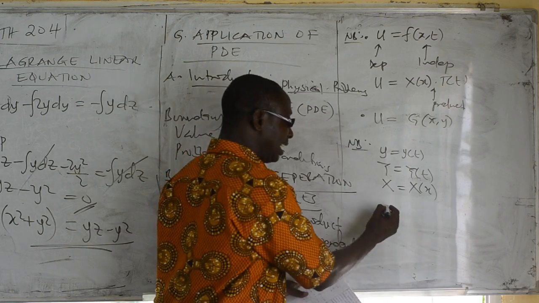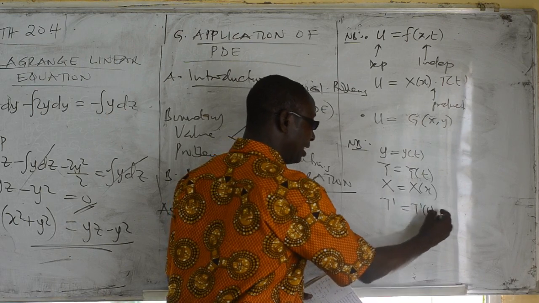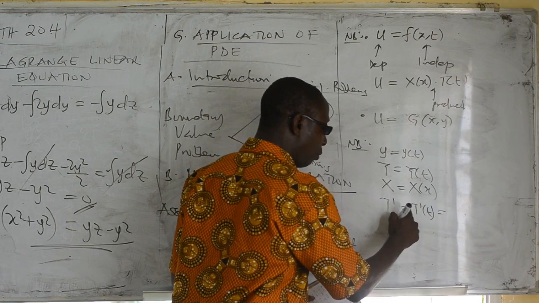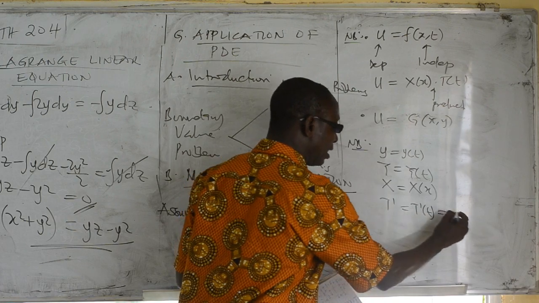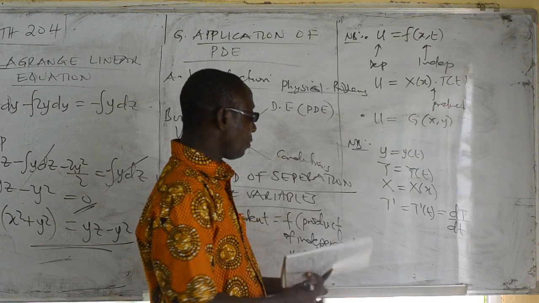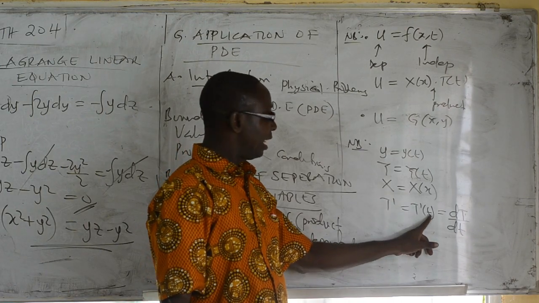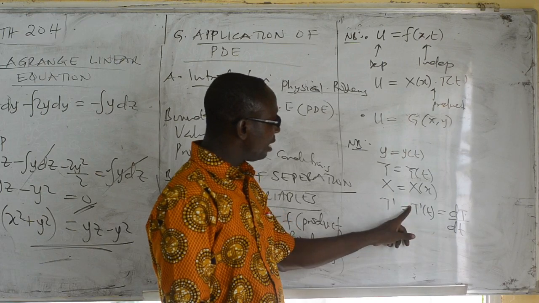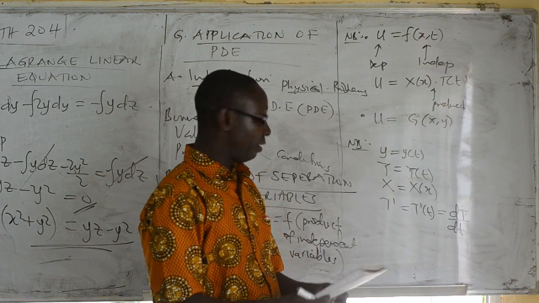Anytime you see T prime or T prime of t, it's the same as dT over dt, the derivative of this capital T all over the derivative of this t. So note this language very well.